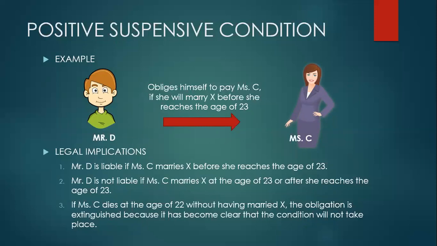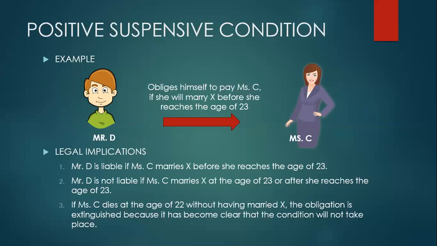Third, if Miss C dies at the age of 22 without having married X, the obligation is extinguished because it has become clear that the condition will not take place. Because again, Mr. D obliges himself to pay Miss C if Miss C will marry X before she reaches the age of 23.